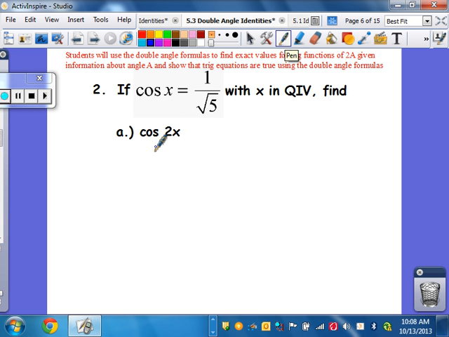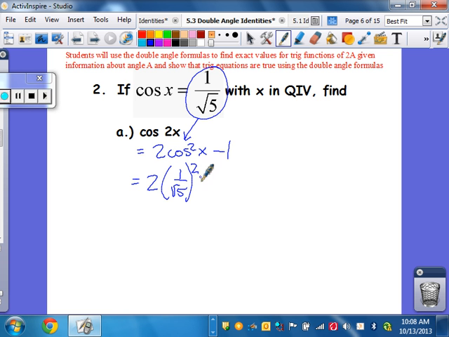So if we say that this is equal to 2 cosine squared x minus 1, x and theta can be interchangeable, okay? The reason I'm using this one is I'm given cosine. I don't even need to draw a picture. All I have to do is dump that in, okay? I'm all about doing what is the easiest given the information in the problem, okay? I know cosine right off the bat.